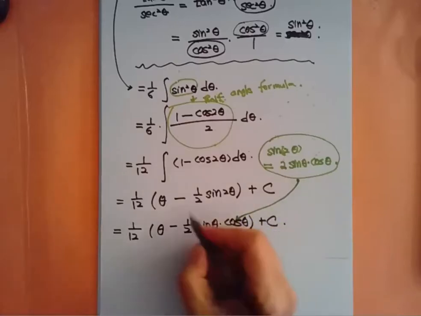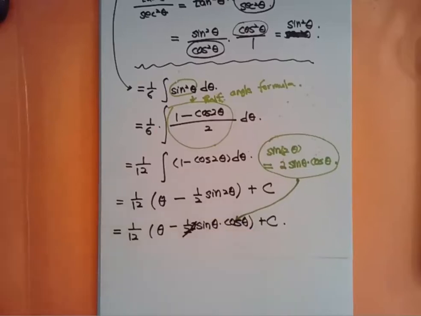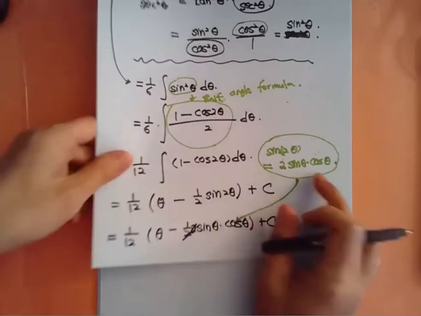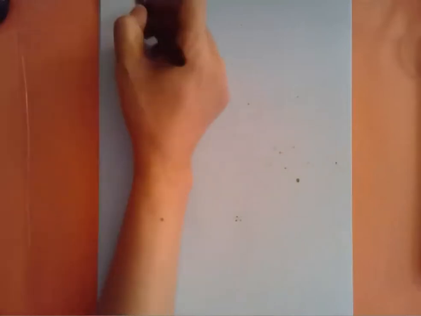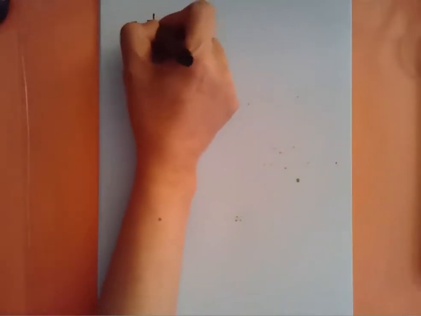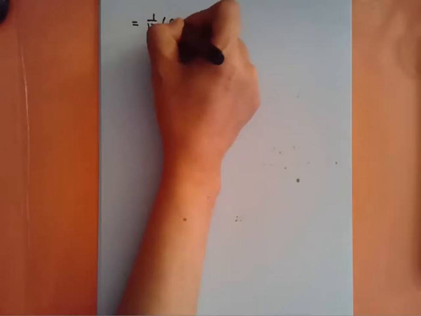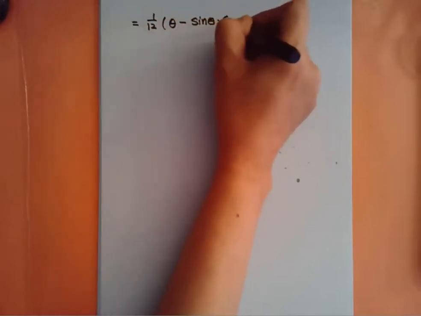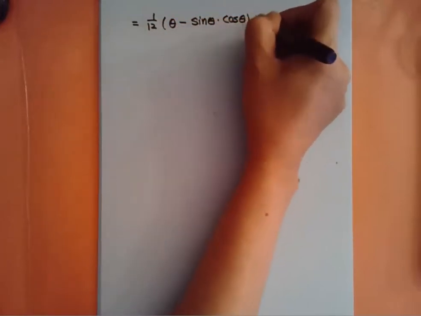So I have to write 2 here, and then the 2 will cancel each other. Again, this double angle formula should be remembered. So that is 1/12 theta minus sine of theta times cosine of theta plus c.